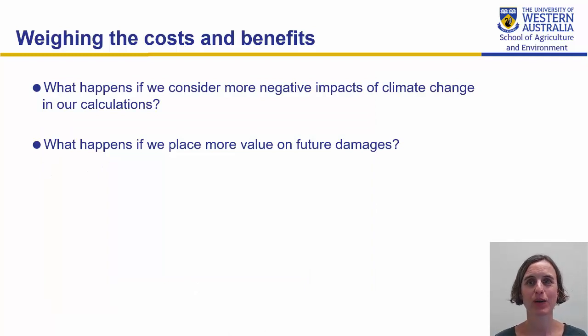Now, why is it so important that we choose a correct discount rate? What happens if we place more value on future damages? Also, what happens if we consider more negative impacts of climate change?